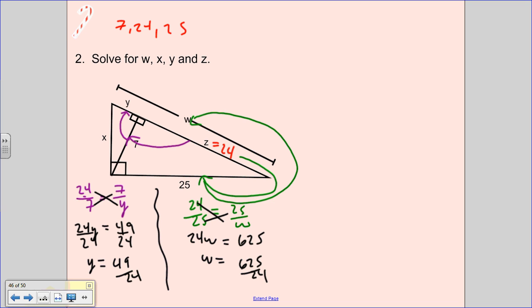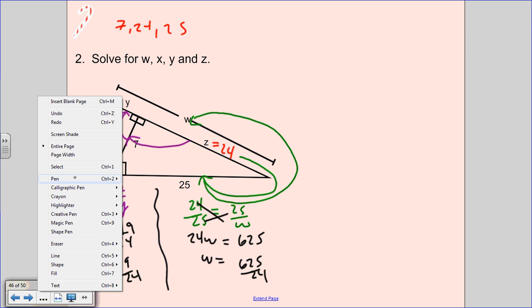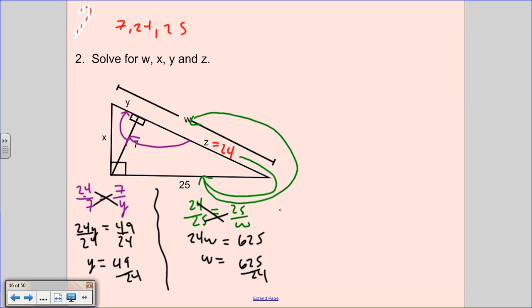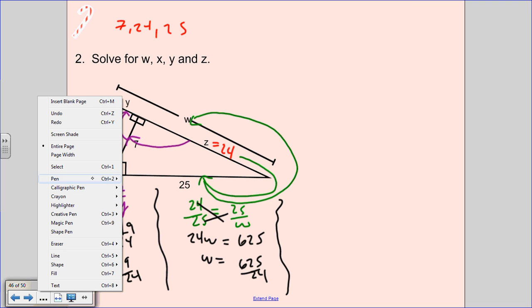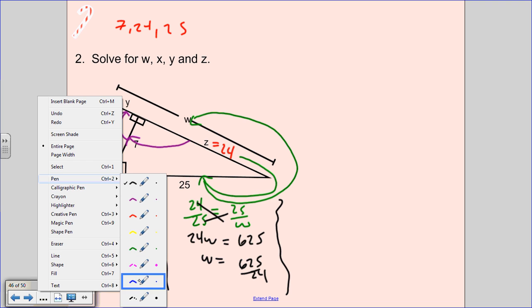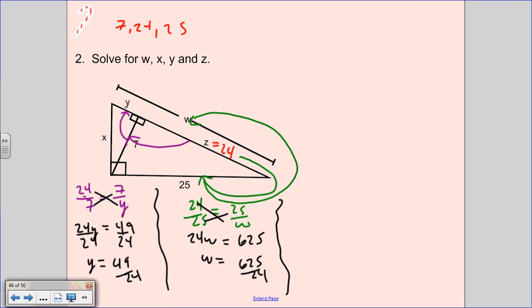Alright, now I need to find the other part of the mustache to get x. Starting at y, come around the corner to x.